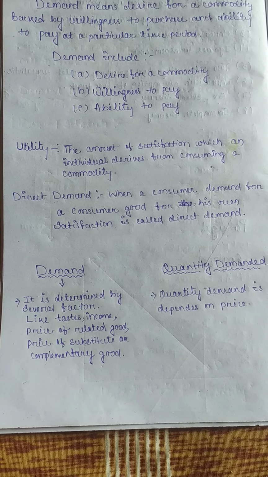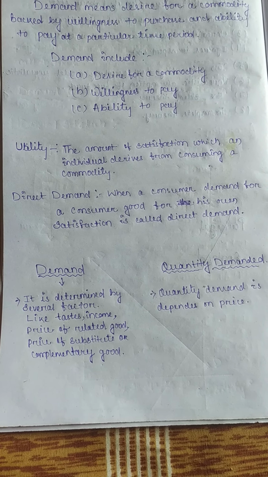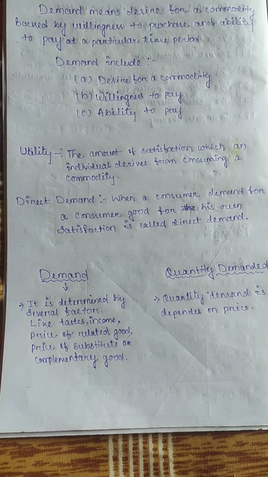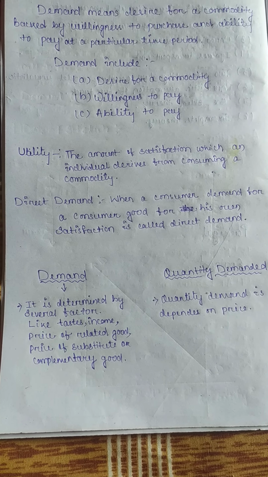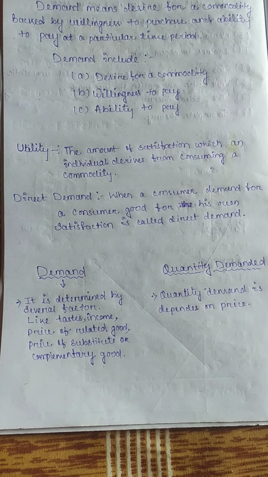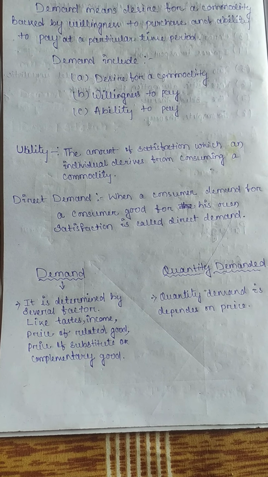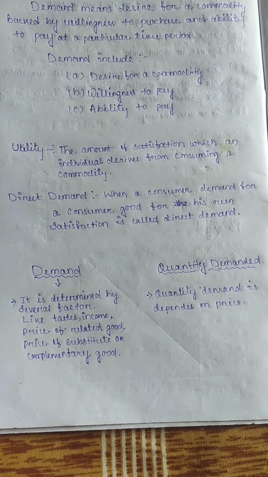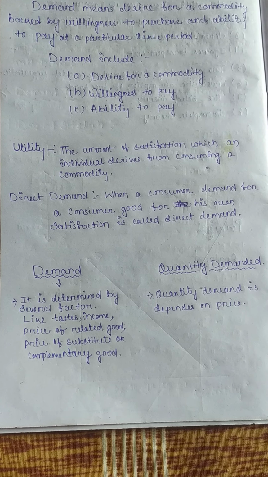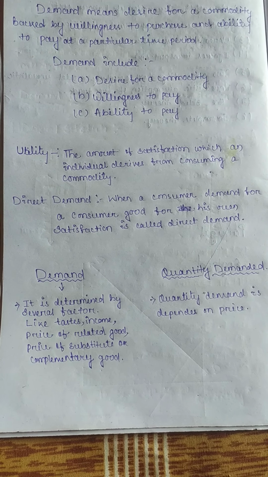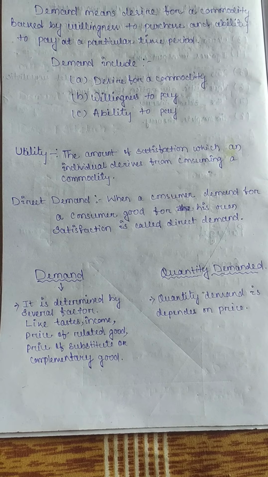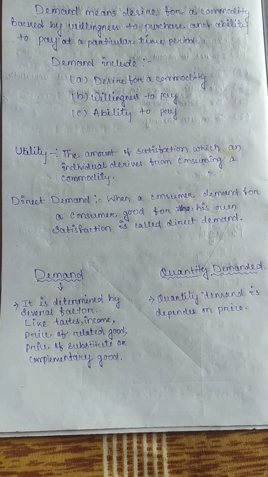That means by consuming a product or commodity, the satisfaction level the consumer gets is utility. Then there is direct demand. When a consumer demands a consumer good for his own satisfaction, it is called direct demand.